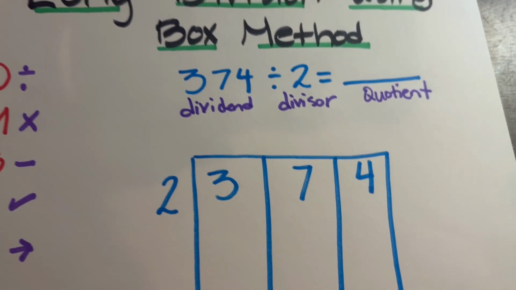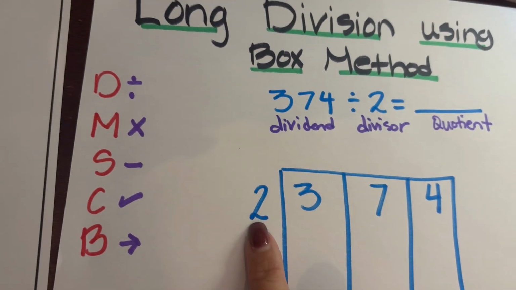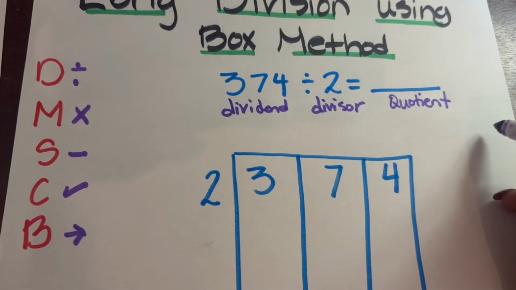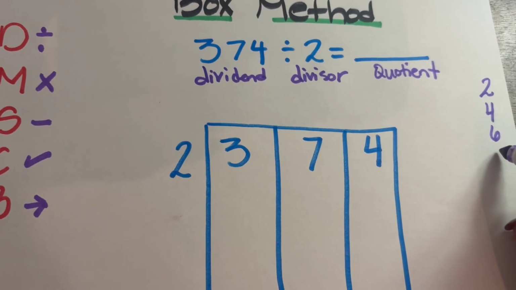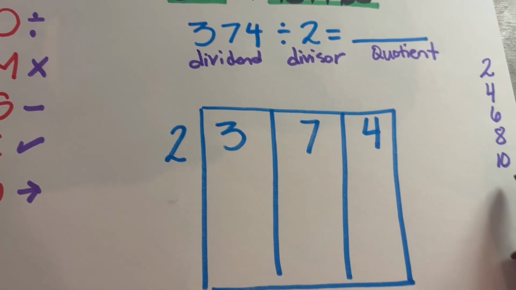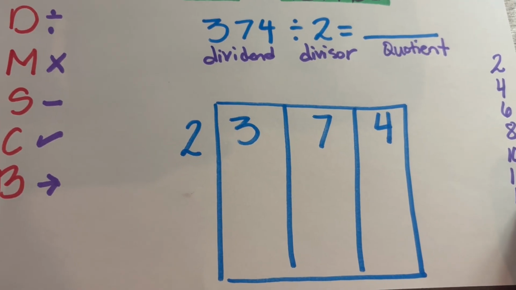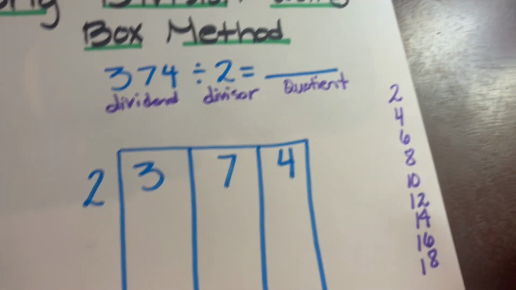Okay, the first step is to write our multiples of 2. You're going to look at whatever the divisor is, that's what you have to write the multiples of. So we're going to write 2, 4, 6, 8, 10, 12, 14, 16, and 18.